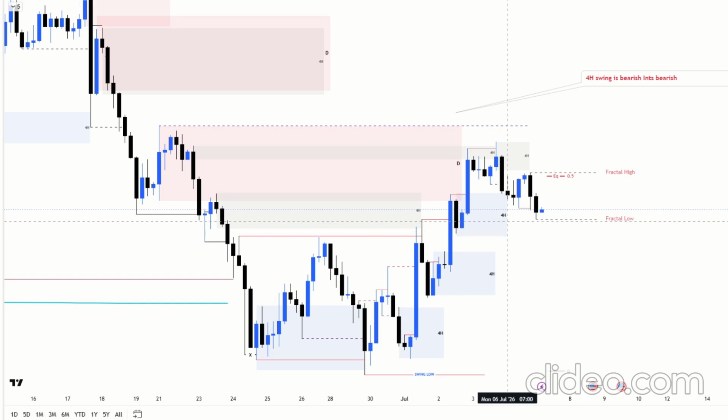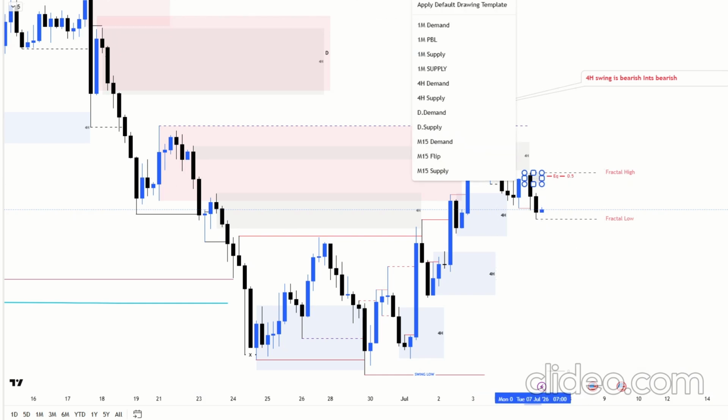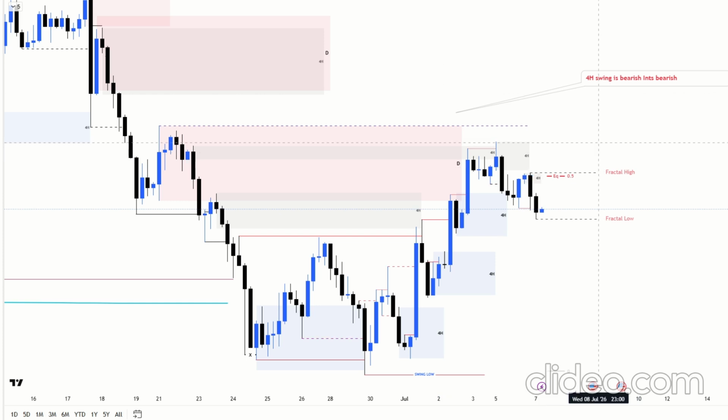but we can say we have this internal bearish order flow, and we have now the new 4-hour fractal high. This is a fractal supply. It's because it's in a higher time frame.